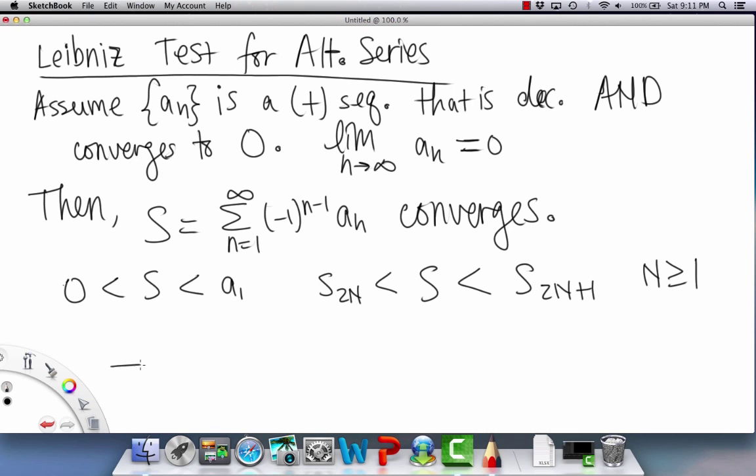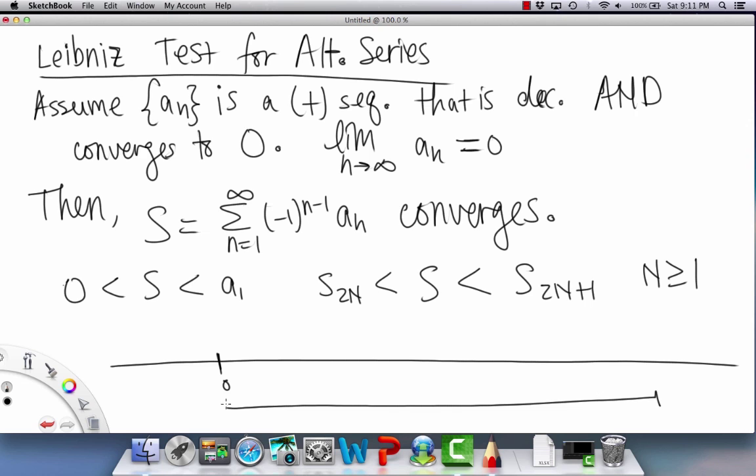So basically on our number line, let's say we're starting at 0, and then we have a1 going all the way over here. So a1's here, so S1 is here. Then we have a2 traveling back some, backtracking, I guess you can consider it. And then S2's here, and let's say S3's over here.